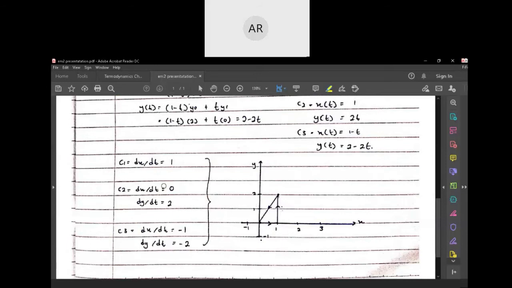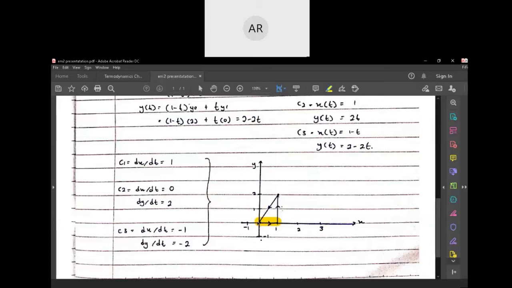The pattern of the graph is like this, for xt and yt. The dx/dt shows positive, moving to the right.